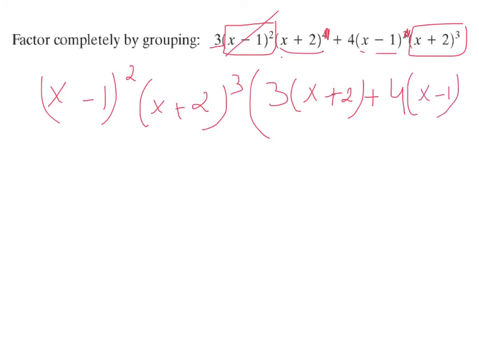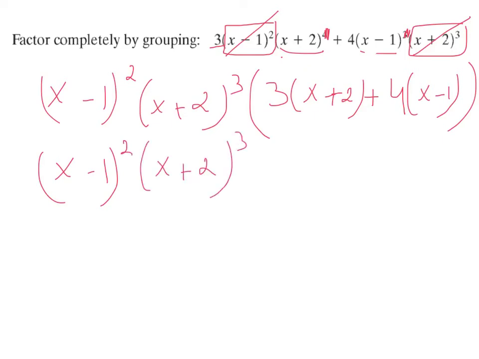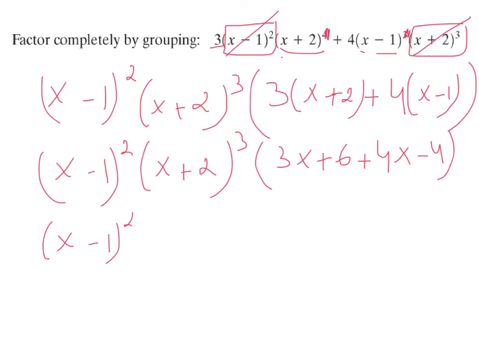And we already took x plus 2 cubed. Now we have x minus 1 squared times x plus 2 cubed, and here we have 3x plus 6 plus 4x minus 4. Now 3x plus 4x is 7x plus 2. That's the final answer.